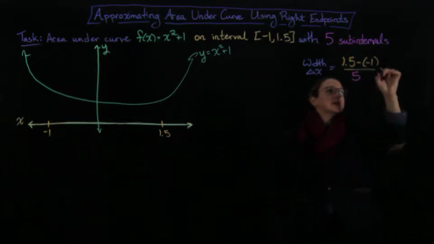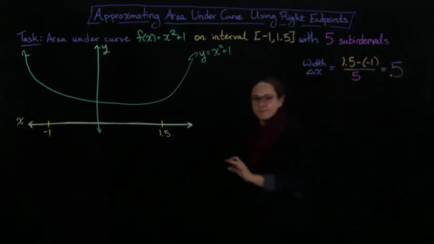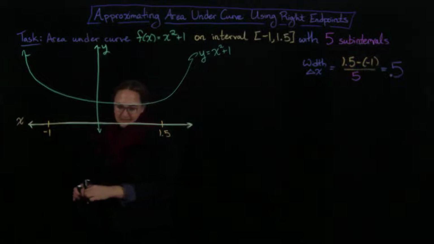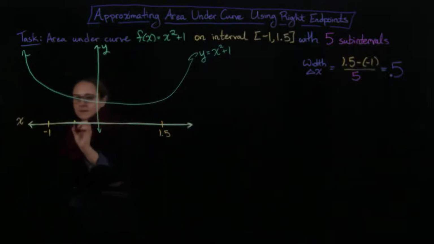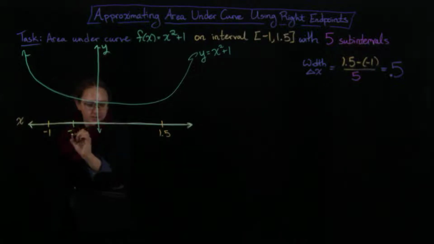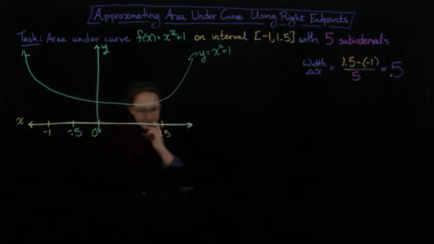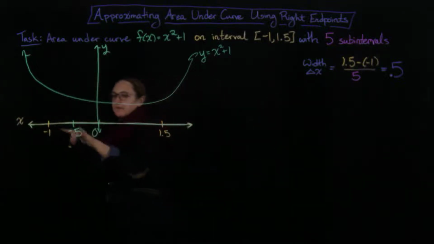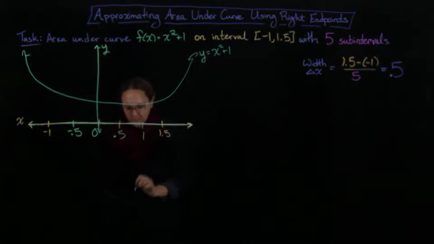So the points would be minus 0.5, 0. I'm just adding my width each time, so I get minus 0.5, 0, 0.5, then 1, and then I go up to 1.5.